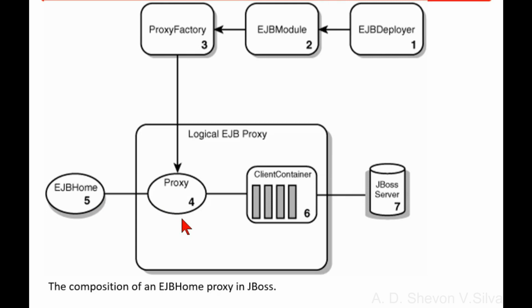Using dynamic proxies avoids the EJB specific compilation step required by many other EJB containers. The EJBHome interface is declared in the ejb-jar.xml descriptor and is available from the EJB module metadata.